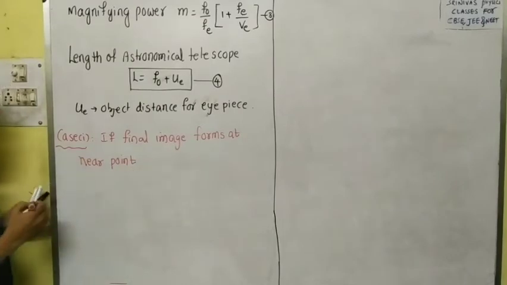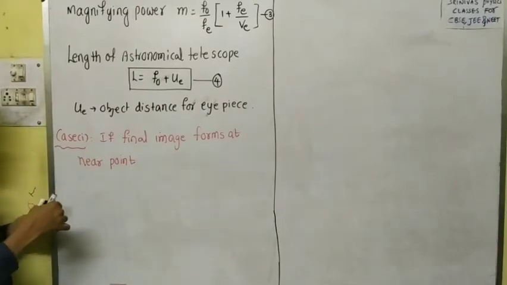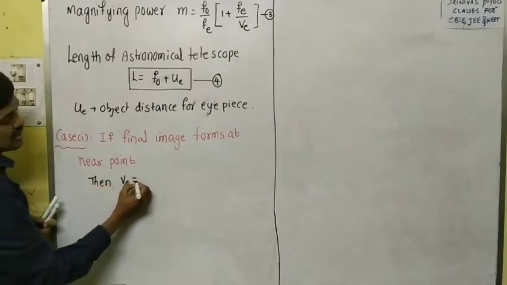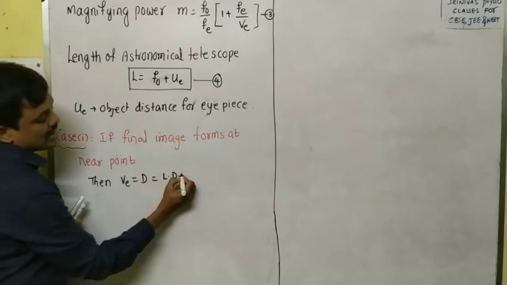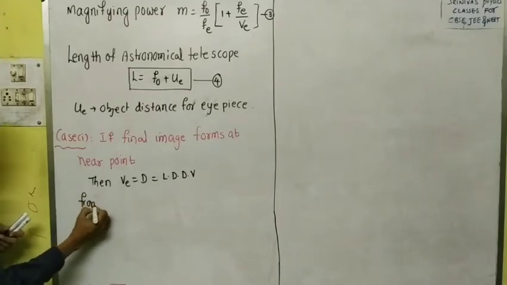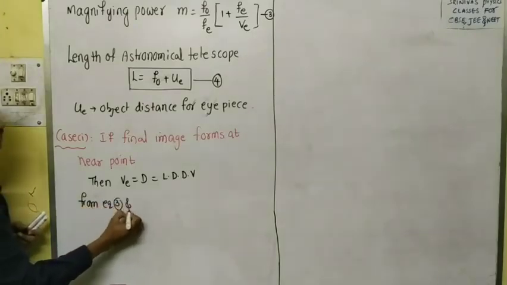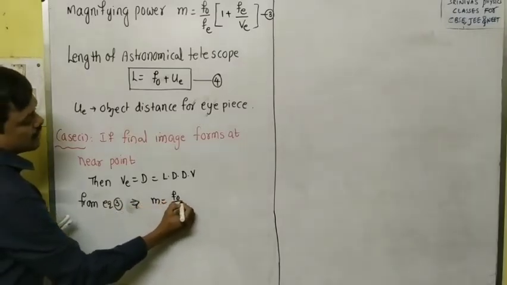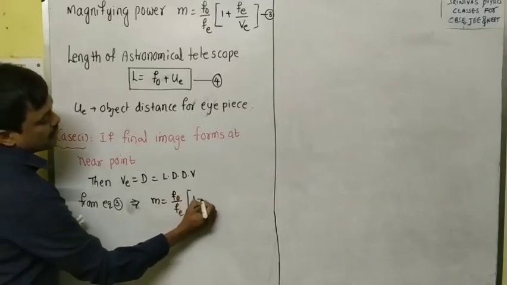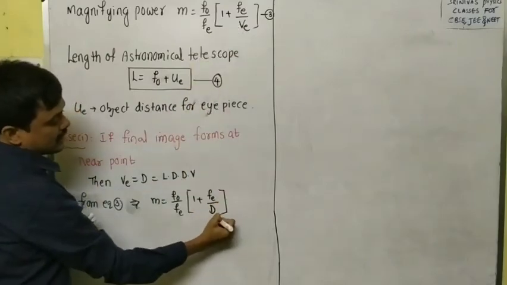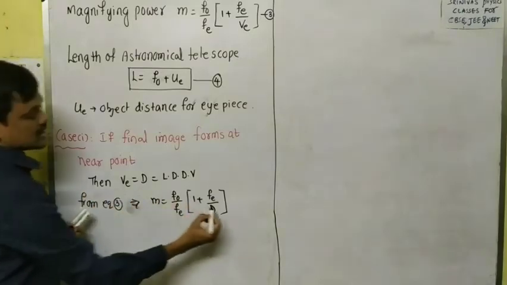That means, if the final image forms at the near point, then the image distance is equal to the least distance of distinct vision. This is called LDDV, least distance of distinct vision. Substitute this. Then from equation 3 we will get the magnifying power formula, that is F0 by Fe into 1 plus Fe by D. This we can take as equation 5.